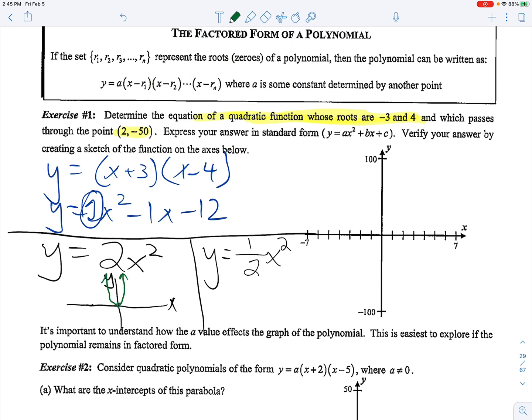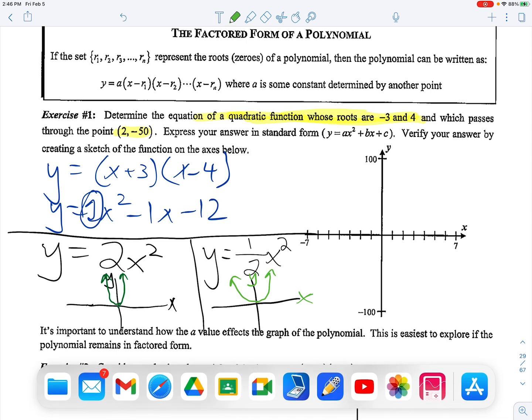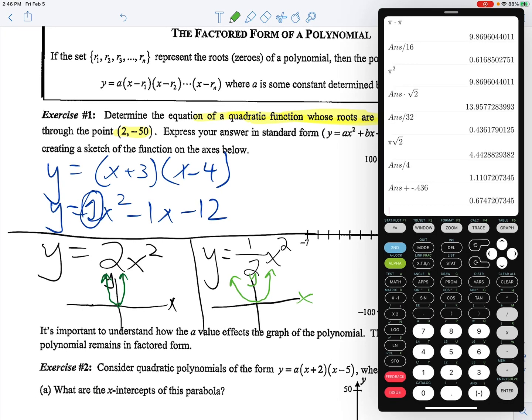Y equals 2x squared is a parabola, but if you remember, it looks something like that. I might get out the calculator here in a second. And 1/2 x squared would look something like that.